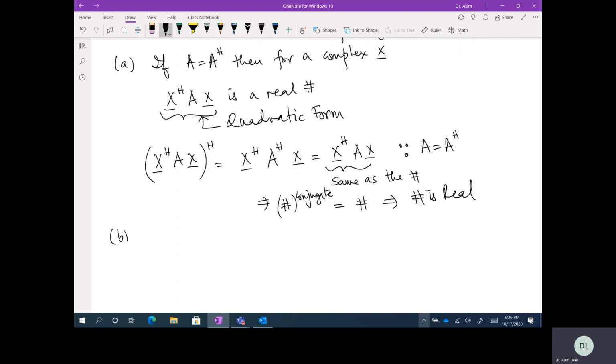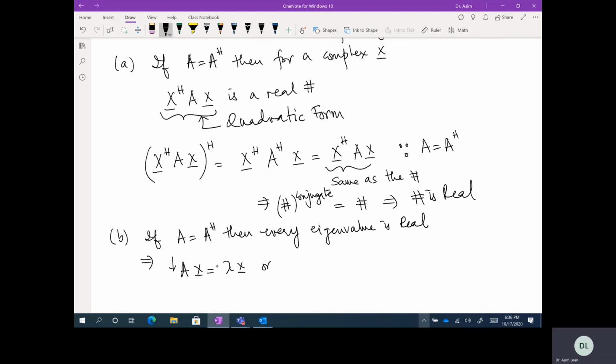The second property, which is the most important property, is that if A is equal to A^H, then every eigenvalue is real. Eigenvectors can be complex, but every eigenvalue is real. And how do you prove that? A x equals lambda x, and I multiply by x^H on both sides.